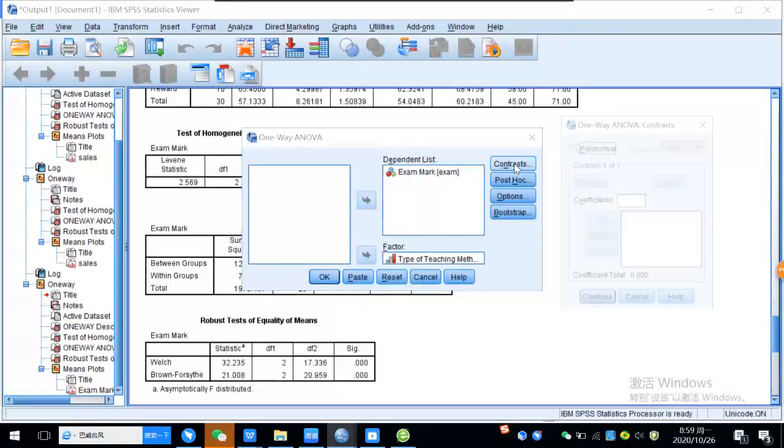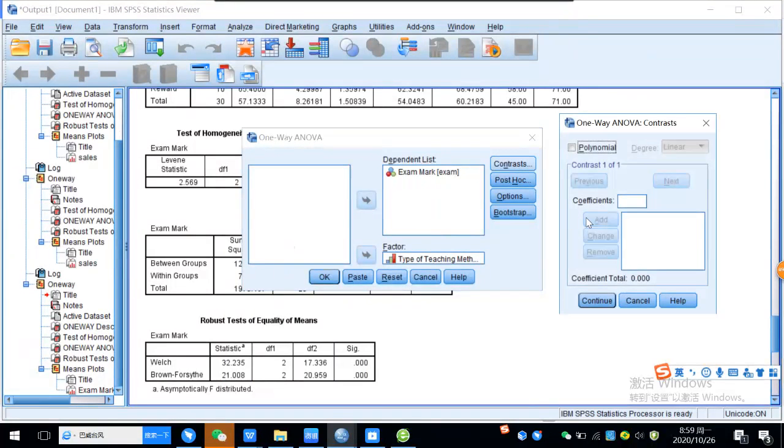we will use the contrast. Here, we will use the planned comparison, right? For planned comparison, we add the coefficients for the different teaching methods. We know 1 is punishment, 2 is indifferent.